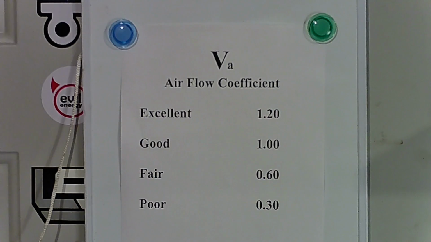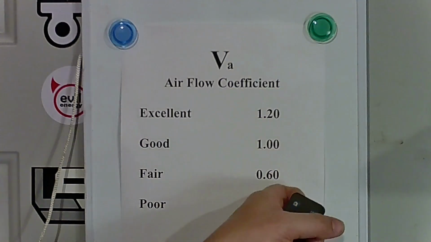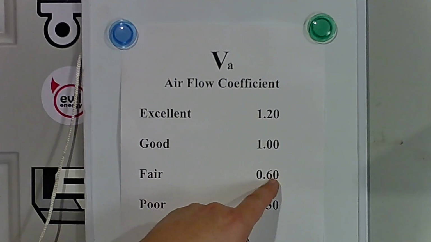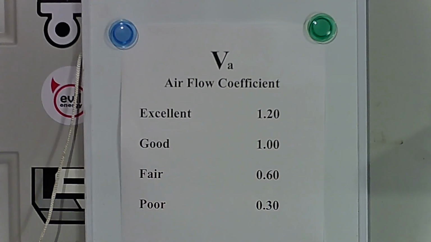Definitely poor. I can bump up to, say, a 6-blade fan. Instead of having 0.3, I'm probably going to be closer to 0.6, just because of how many more CFMs it pulls through. In that case, I might not go to the full 0.6. I would go to like 0.45, maybe 0.5 with that setup.